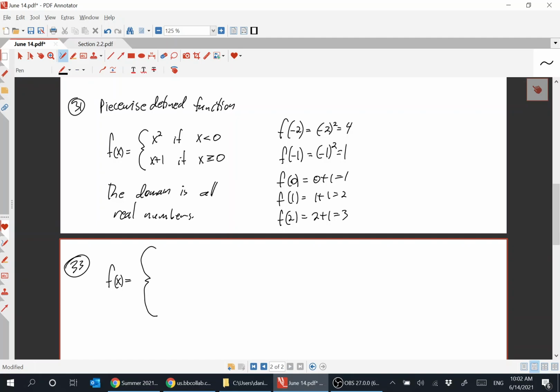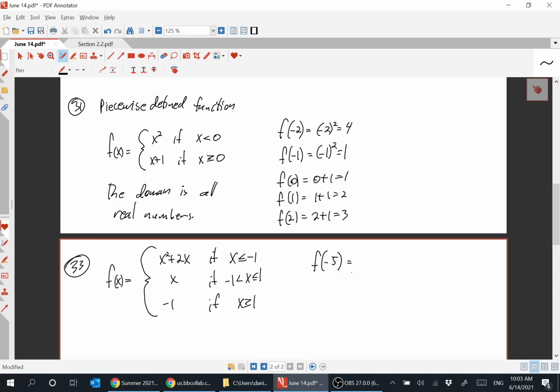So x squared plus 2x if x is less than or equal to minus 1, x if x is between minus 1 and 1, less than or equal to 1, and minus 1 if x is bigger than or equal to 1. And then they give you a string of values of the function to evaluate.